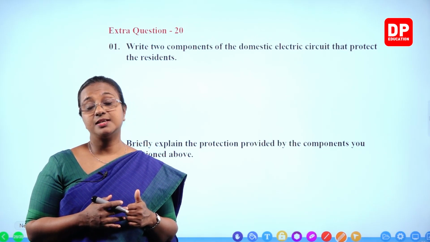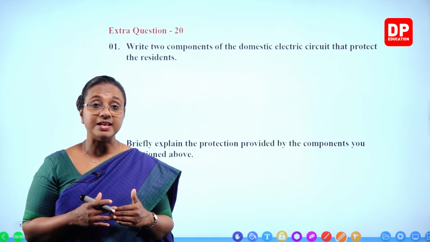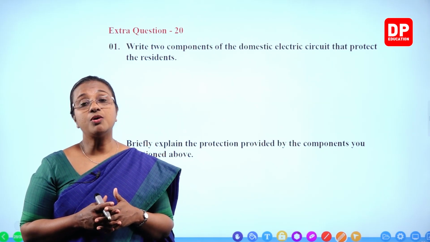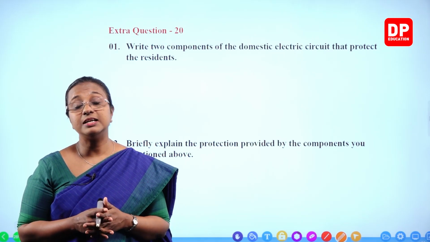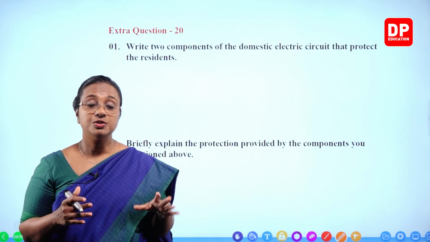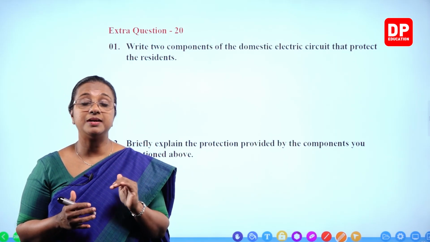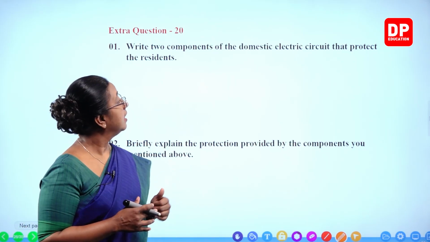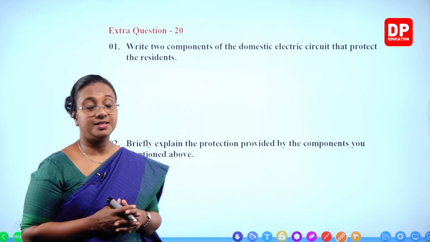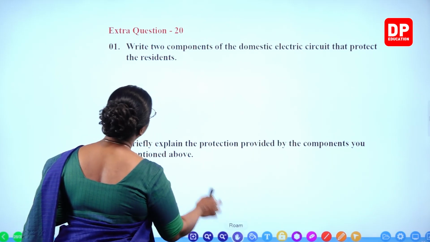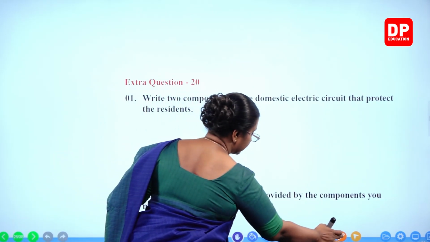Then the miniature circuit breakers, MCBs, prevent fire caused in the electric circuit due to heated cables. So both the RCCB and the MCB protect the residents from different accidents related to electricity. So write two components of the domestic electric circuit that protect the residents.